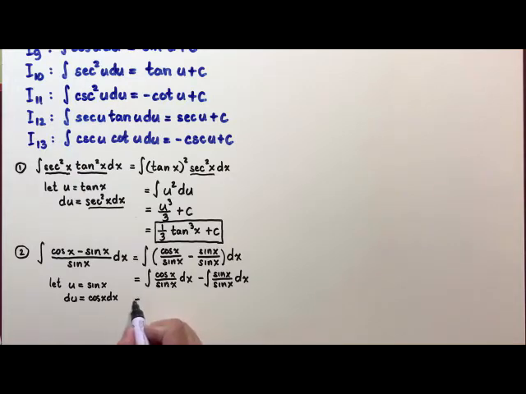So by substitution, we can rewrite this integrand as du over u, because we let sine x be our u. But in the second integral, that is the integral of 1 dx, because sine x over sine x is just 1.